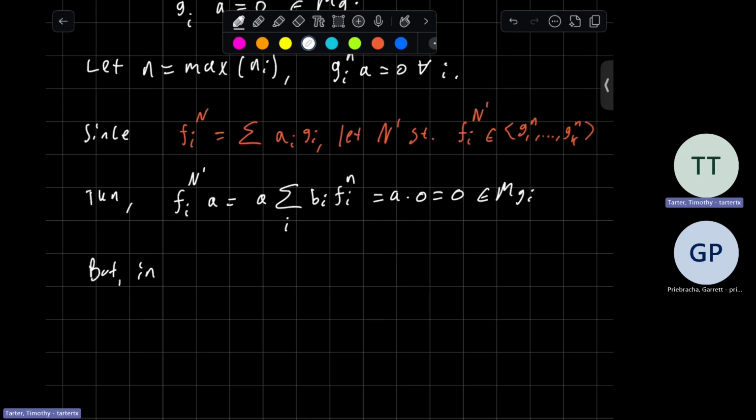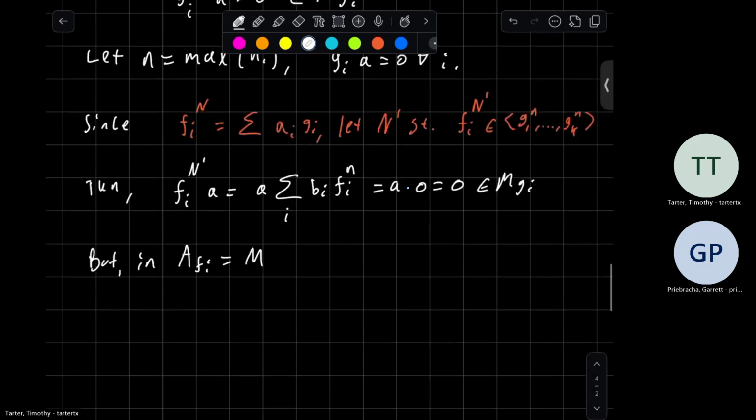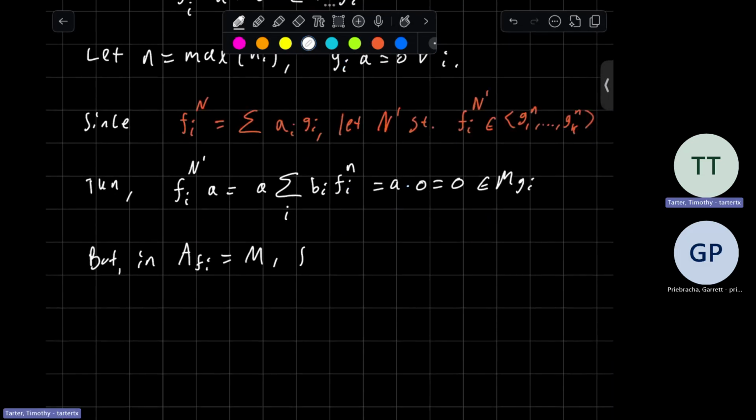But in A_{f_i}, which is equal to M, f is invertible.